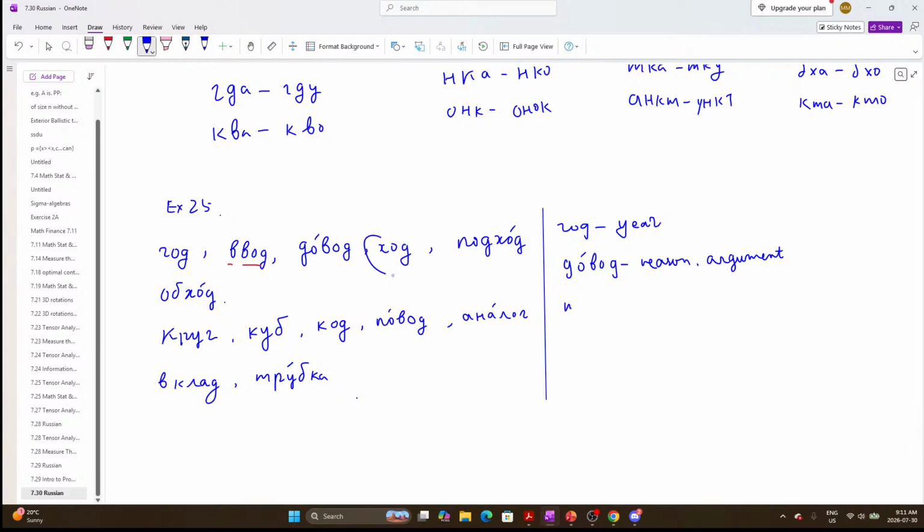So I think a lot of words with ход have to do with road, path, because it kind of makes sense, right? The word walk is ходить, so probably connected. Подход is approach.